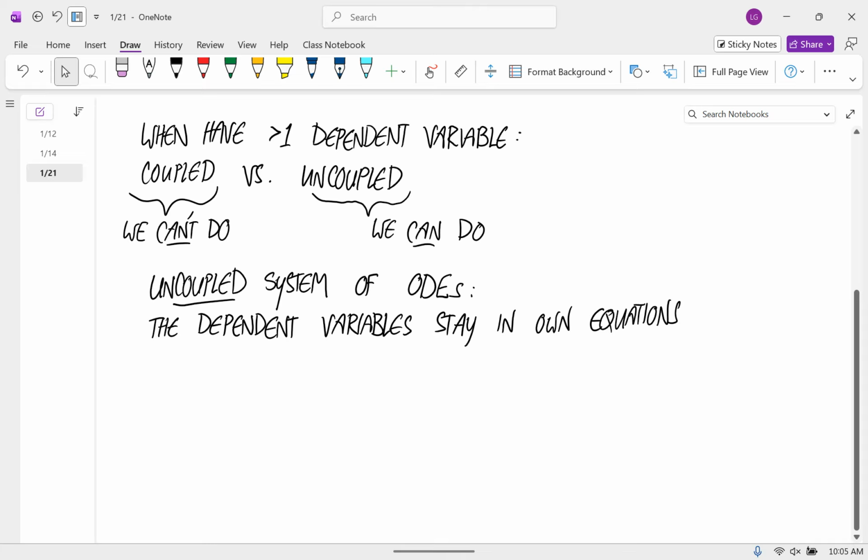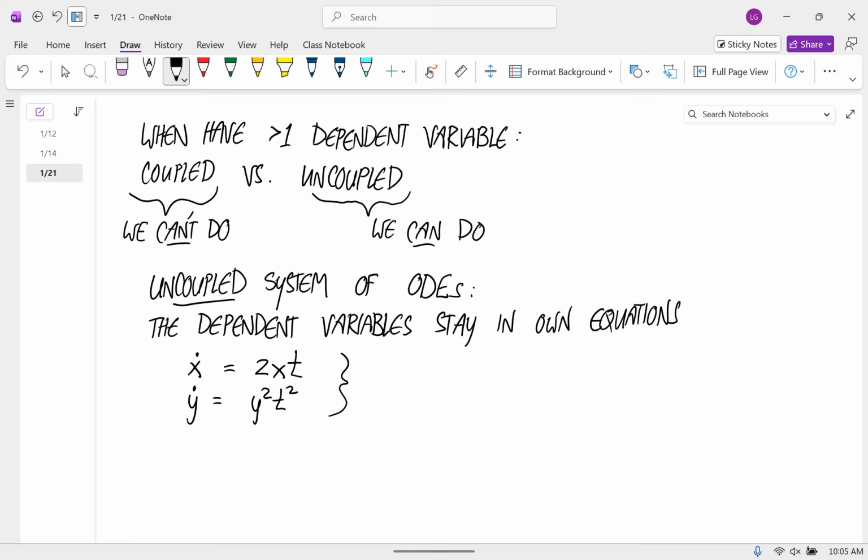For example, x dot is equal to 2xt, y dot is equal to y squared t squared. That is uncoupled because there's one equation that has all the x's, one equation that has all the y's. So this is uncoupled, and this we can do.